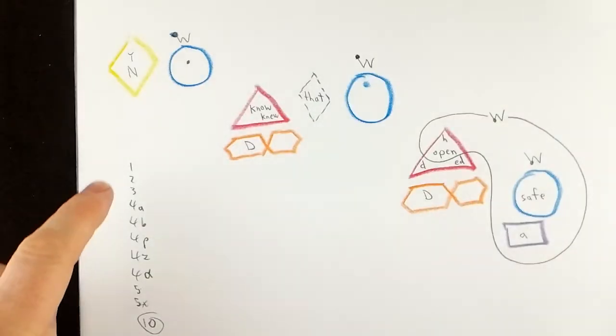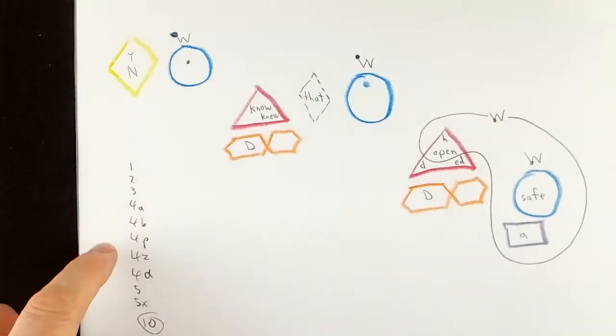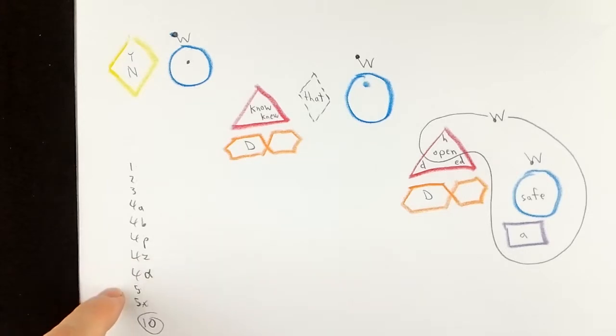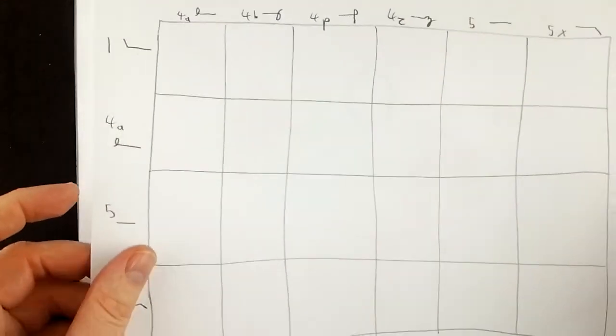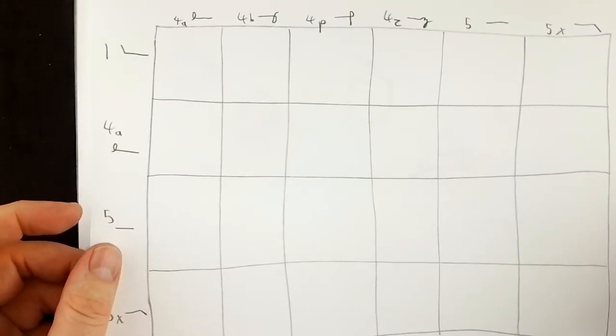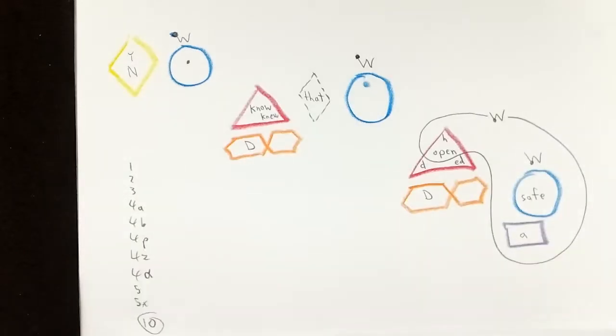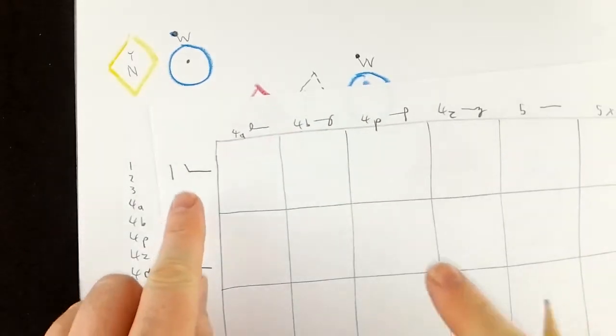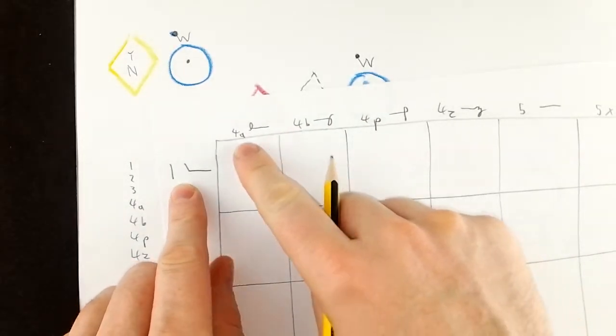So instead of stacks 1, 2, 3, 4a, 4b, 4p, 4z, 4 alpha, 5, 5x, we now have 24 things, a couple dozen. There's lots more, but let's start here. So let's work here. 1 for A.